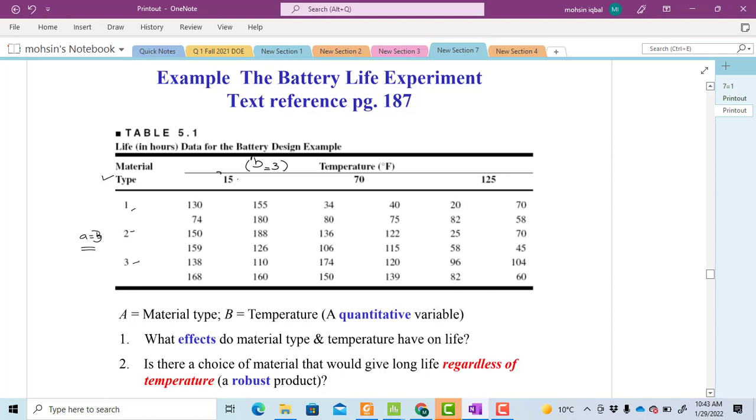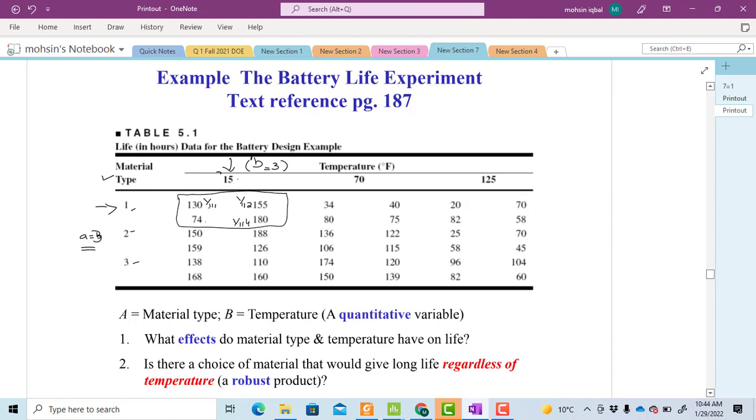Now I will explain how the data was collected. At material type 1 at 15 degrees centigrade, he took 4 observations. If you have gone through my previous lecture, you know these are my replications, and you will represent them as y 1 1 1, y 1 1 2, and the last one will be y 1 1 4.